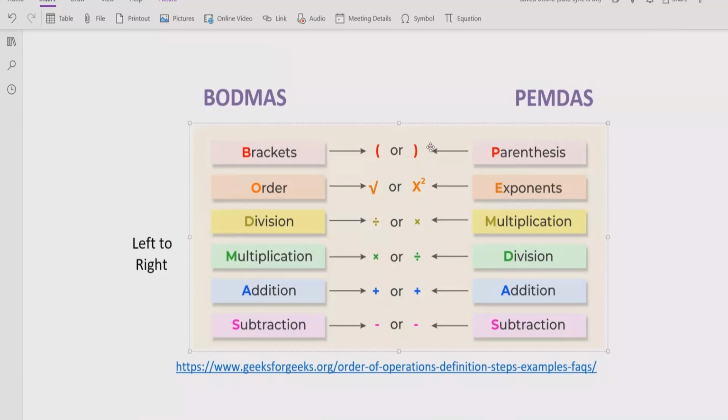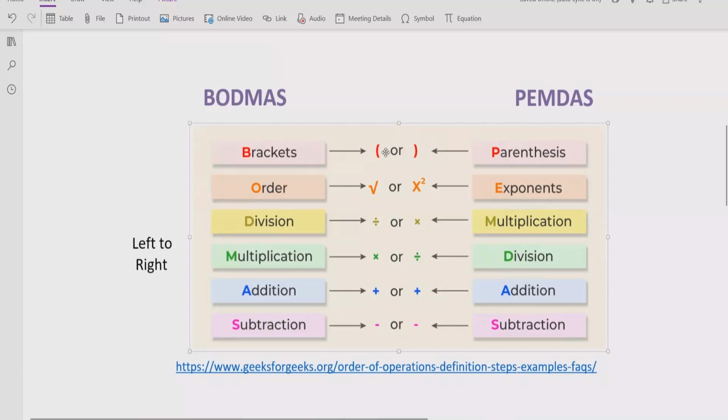Basically, both have similar precedence. Similarly, for addition and subtraction, we have the same rule. If we are going left to right, we solve addition first if addition is coming, and if subtraction is coming first, we solve the subtraction first.